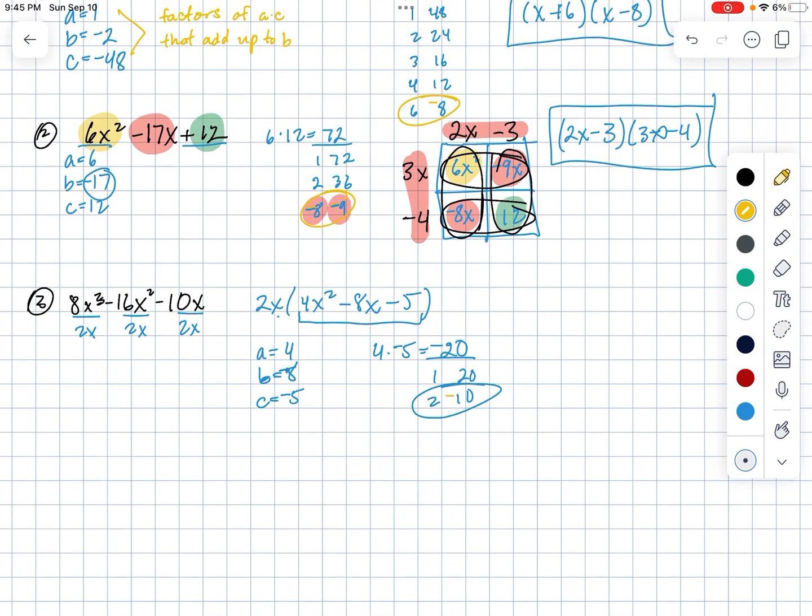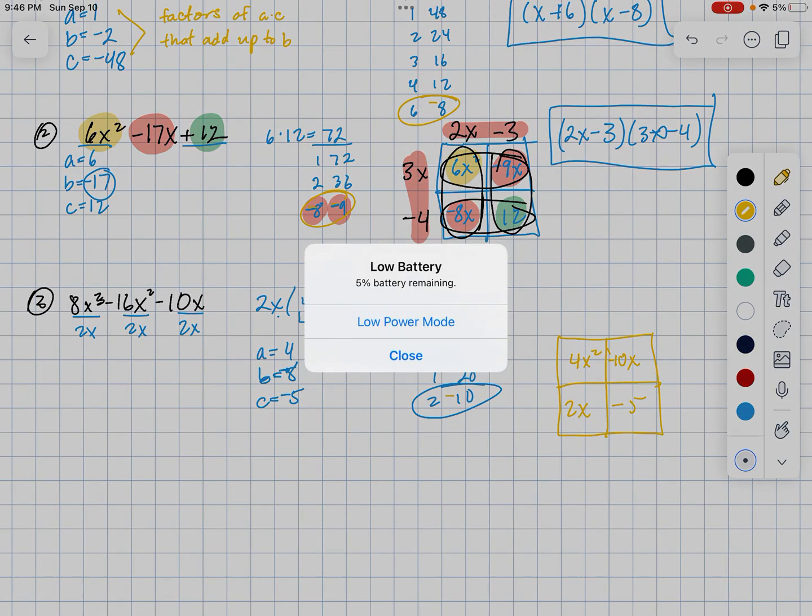We need to use the box method. So here I'm going with a different color, drawing my box. The first term, the 4x squared, goes in the upper left. The last term, the negative 5, goes in the bottom right. And the 2x and negative 10x, making sure they both have their x's with them, go in the other two boxes.